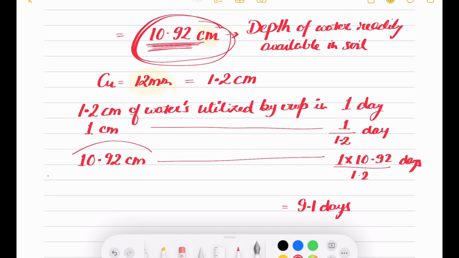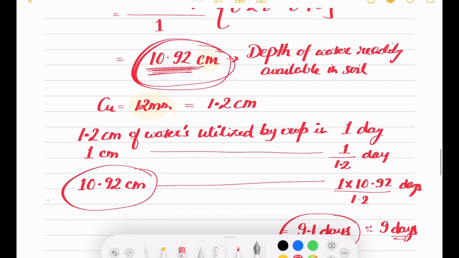So this 10.92 centimeters of water will be utilized by the crop in 9.1 days, that is almost similar to 9 days. This means after 9 days we have to supply the water so that the depth of water is there at the readily available moisture content level depth, right?